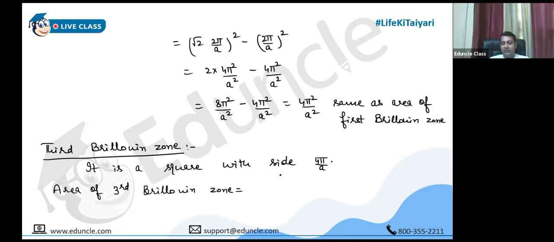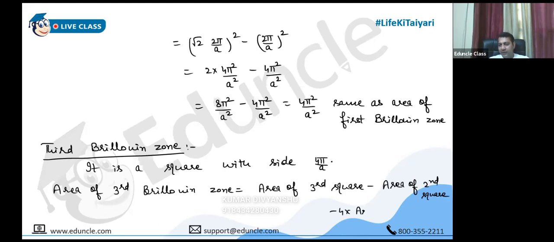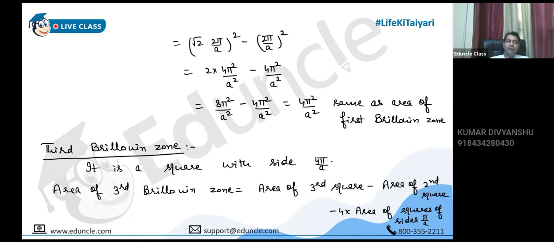It will be area of third square minus area of second square straight away, and minus 4 times area of squares of side pi by a. Those 4 squares that we have excluded, they are having side pi by a. Please check. So in order to get the area of third Brillouin zone, we have to subtract the area of second square and then those 4 squares. Only then we will be getting the area of third Brillouin zone. Am I right?